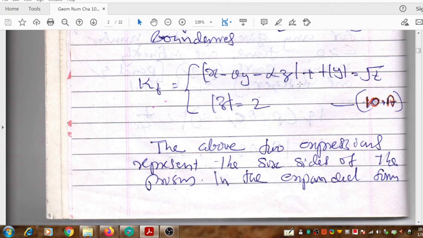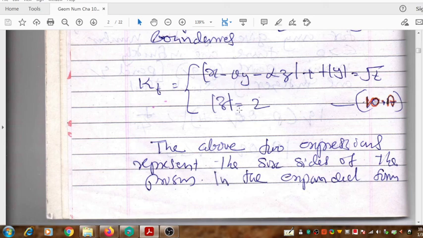Thus, considering these four situations, we can write four equations using the first equation. In the same way, when we consider the second equation, that is modulus of z equal to 2, you get z equal to 2 and minus z equal to 2.